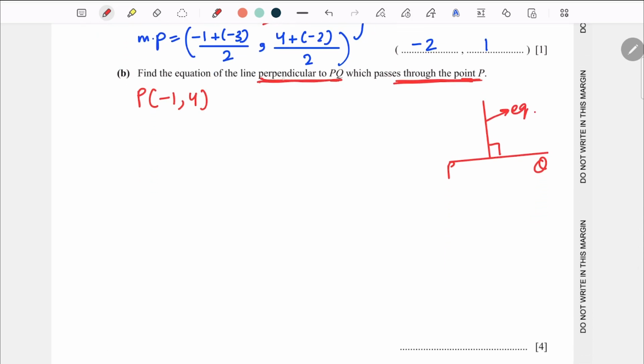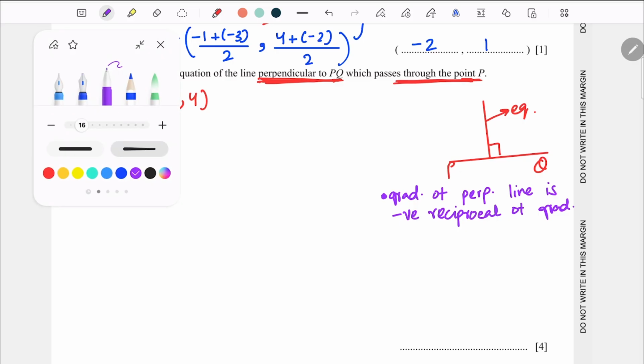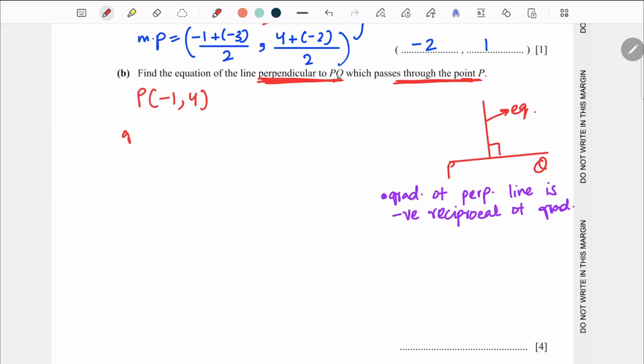And for perpendicular lines, the gradient is the negative reciprocal of the gradient of PQ. So the gradient of the perpendicular line is equal to the negative reciprocal of the gradient of PQ.